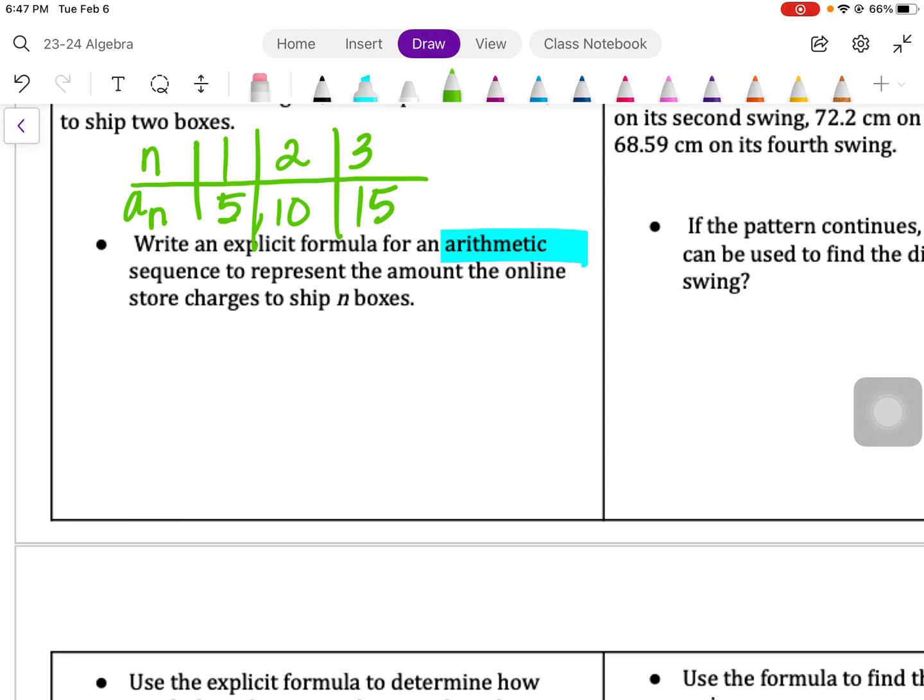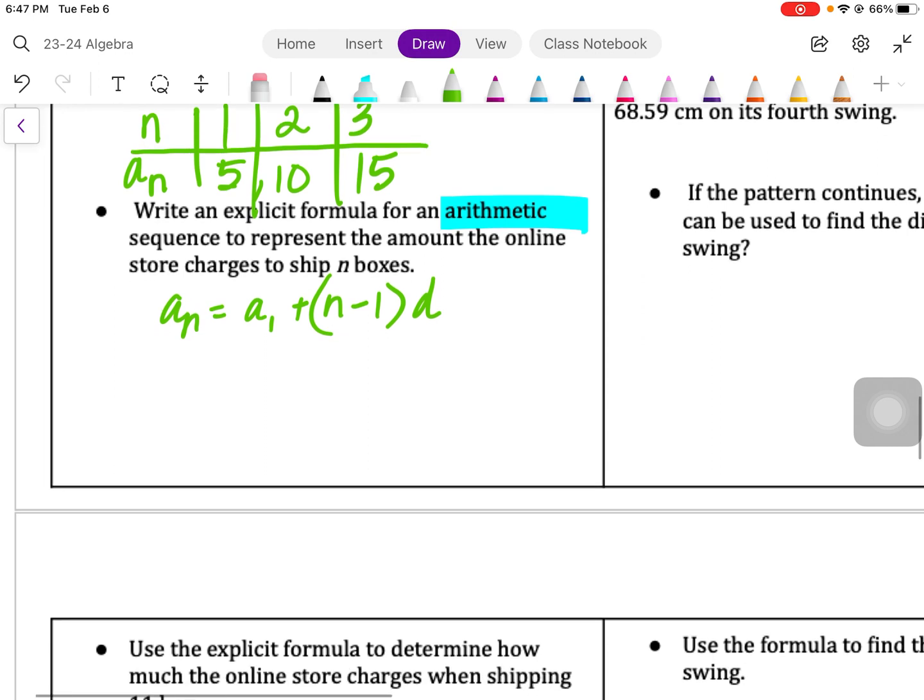Because this is an arithmetic sequence, I'm going to start with my a sub n equals a sub 1 plus n minus 1 times d. So we're just going back to our formula. This time, we're just going to leave it as a sub n.